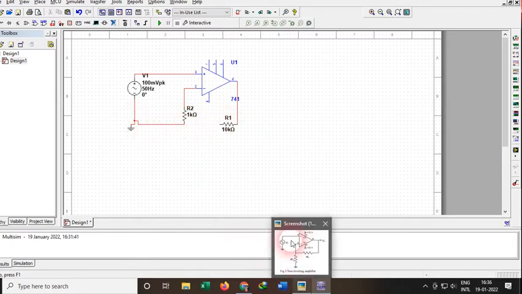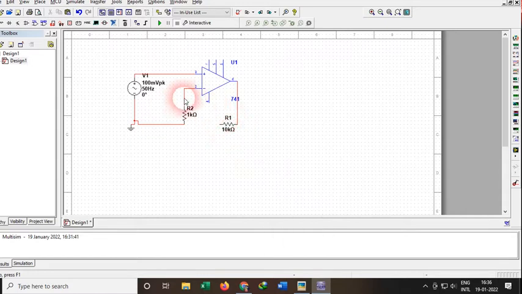Just check here, we need to connect this R1 before this R2 resistor. To make it a good circuit, I'm going to make this circuit a little larger so that it looks better.